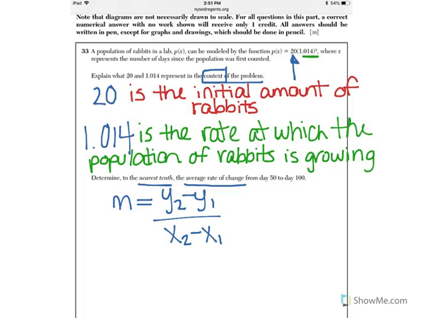So day 50 and day 100, those are going to be our x's, but we need to find our y's. So we need to plug 50 into the formula for x, and we need to plug 100 into the formula for x to figure out what the y values are at these days.